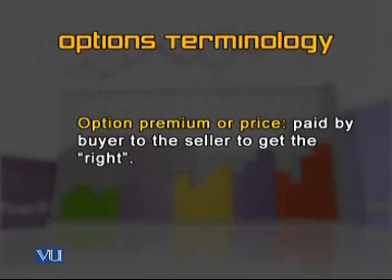So option premium or price would be paid by the buyer to the seller to get the right. The seller then would be a writer. So option premiums are the prices that you pay for options, and the writer of the option will then keep the premium, whatever the result of that particular trade may be.